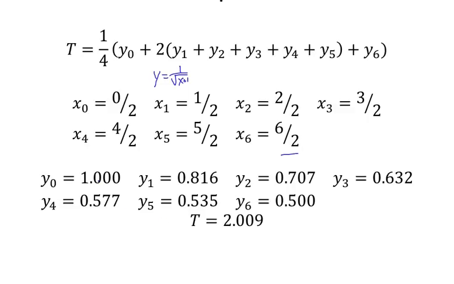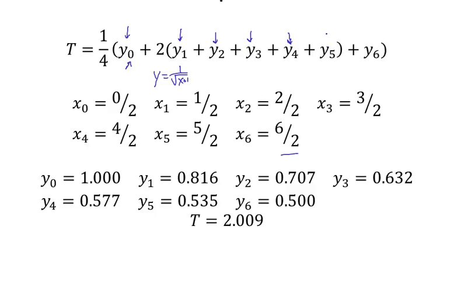And so you substitute these y values into this formula. So this is going to be 1, this is going to be 0.816, 0.707, 0.632, 0.577, that's going to be 0.535, and I'm off by 1 here.